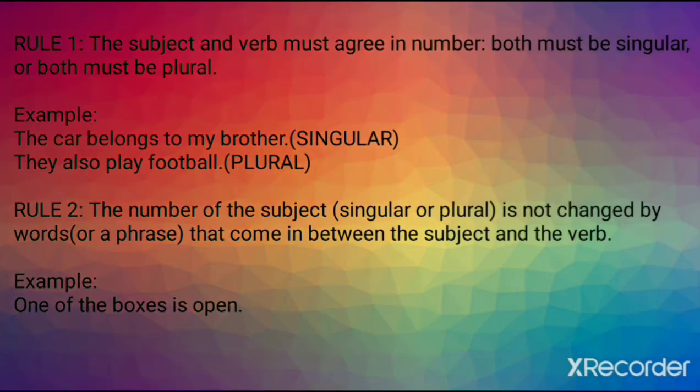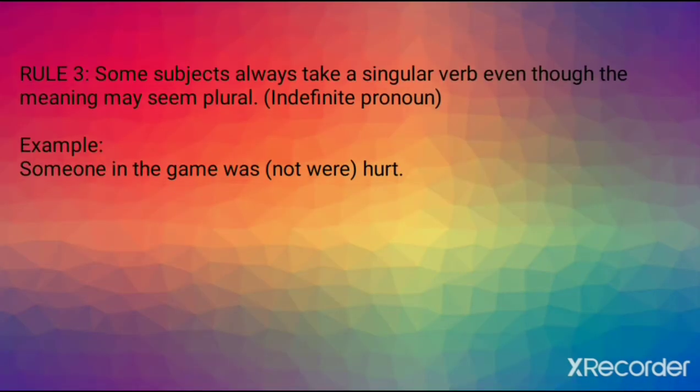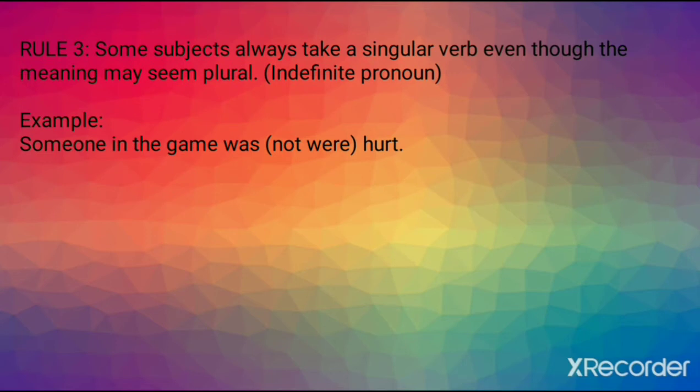So, rule number 3. Some subjects always take a singular verb even though the meaning may seem plural. Such kind of subject, we call it indefinite pronoun: a pronoun that does not refer to any person, amount or thing in particular.